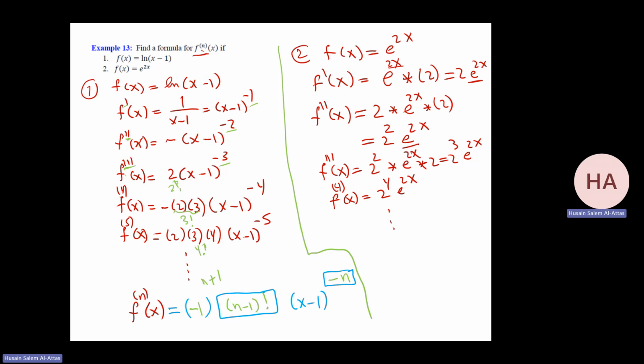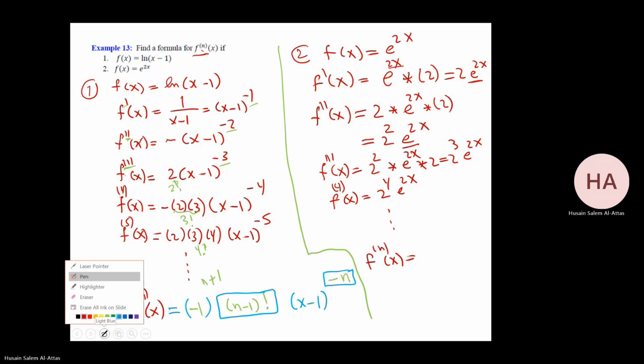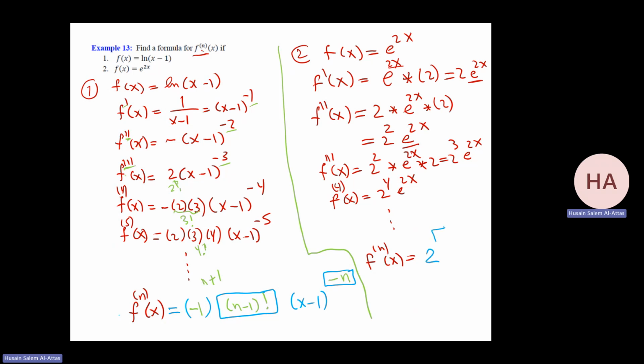So what is the nth derivative? Very clear. It will be the format of this: there is 2 to the power of something, e to the power of 2x. And what is that?